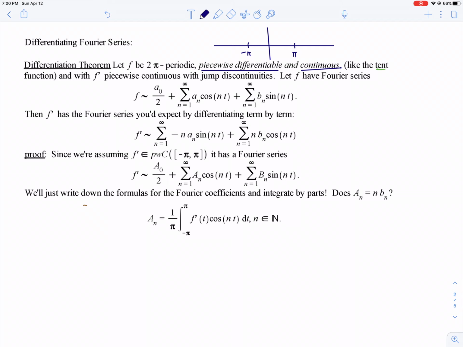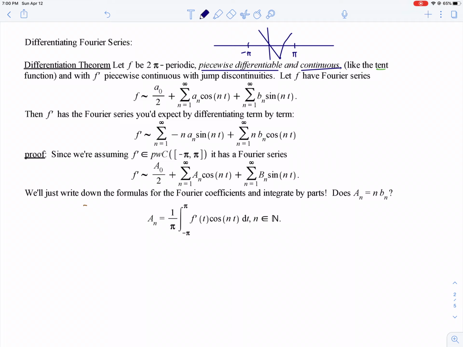So what we want is that our function is differentiable on subintervals that you get by deleting a finite number of points. It's continuous everywhere it's not differentiable. And the one-sided limits of the derivatives converge.